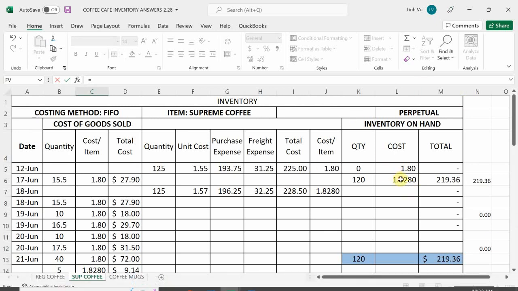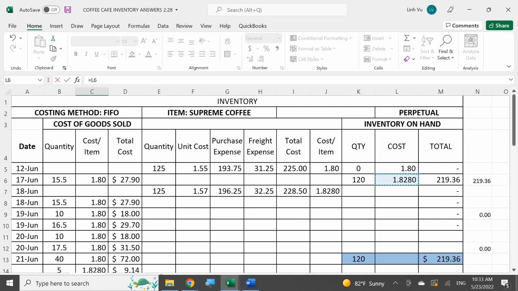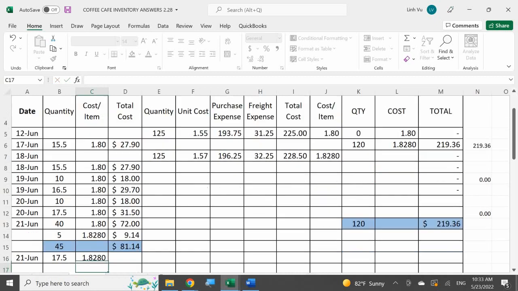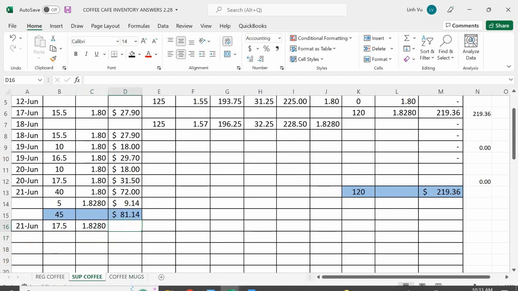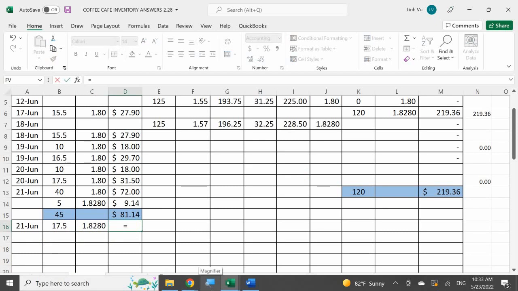It's going to cost me $1.82 per pound. 17.50 by 1.828 is going to be 31.99.